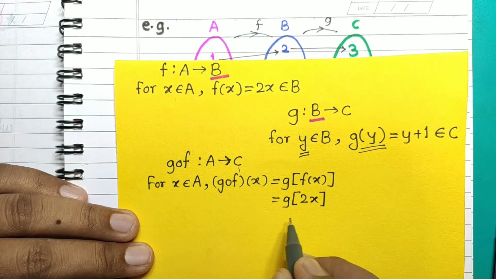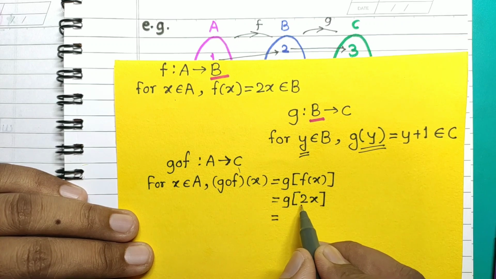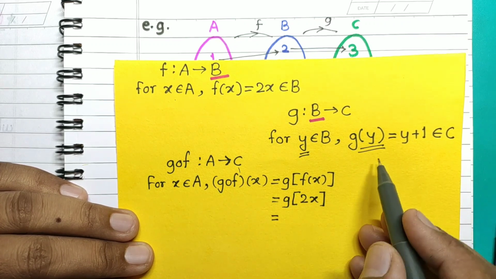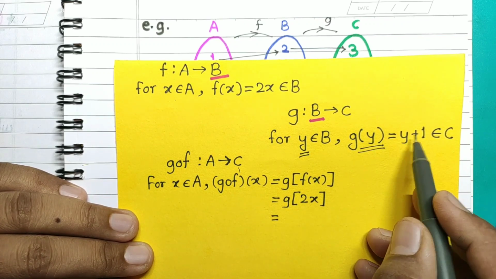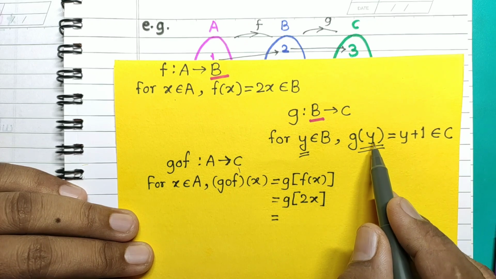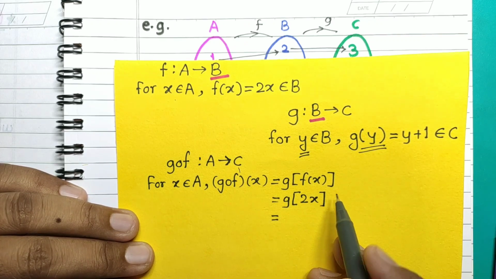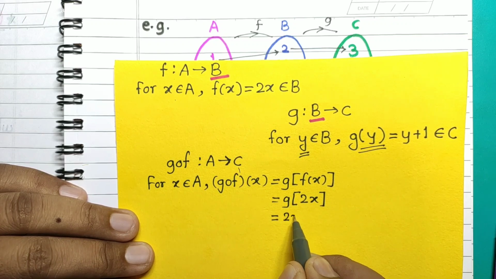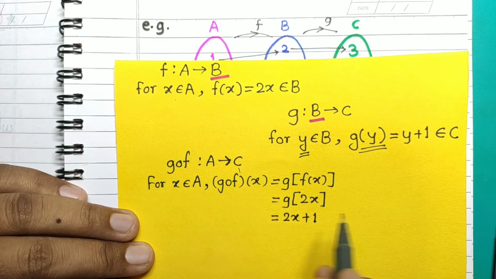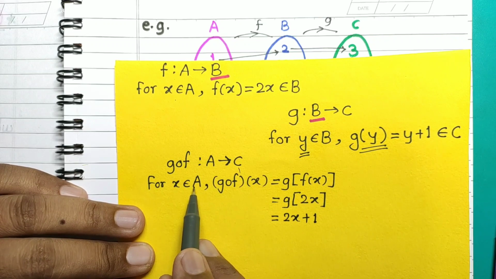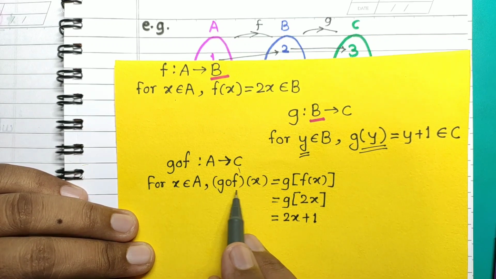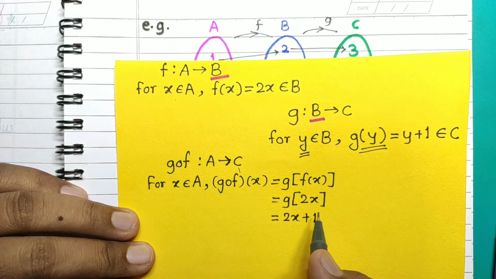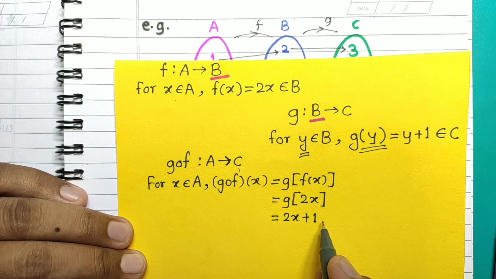Now we have to write down g of 2x. But we have g of y is equal to y plus 1. So replace y by 2x to get g of 2x, which will be 2x plus 1. So for any element x in set A, its image under function gof is 2x plus 1.